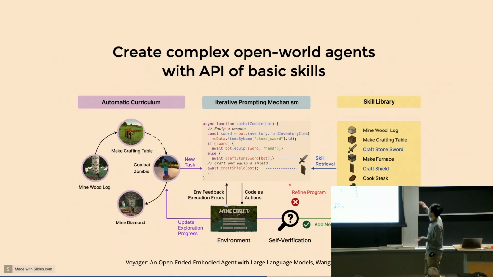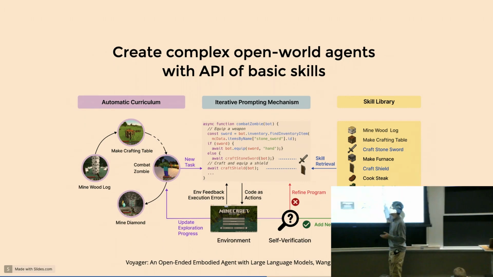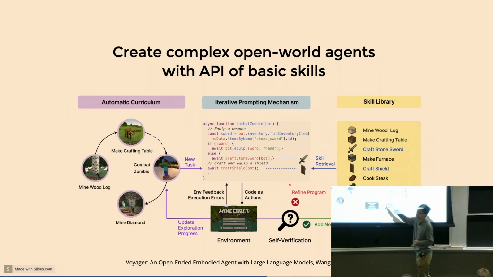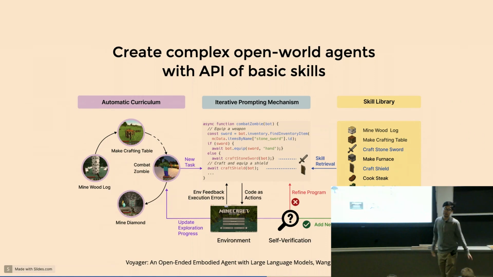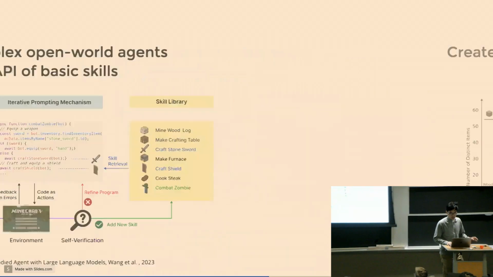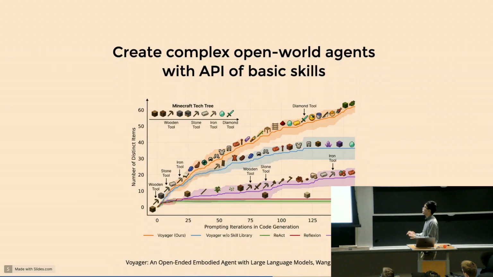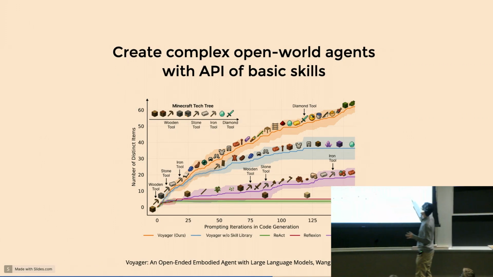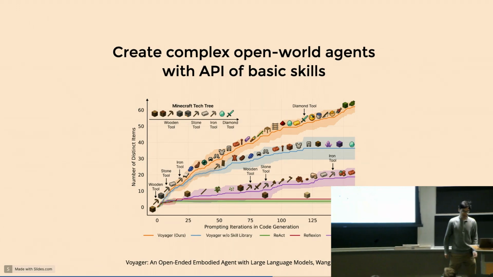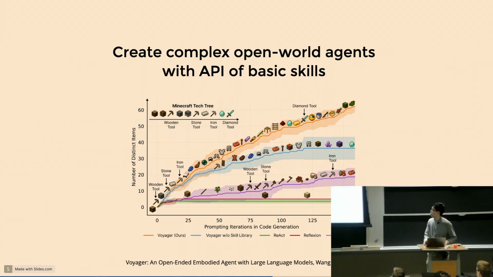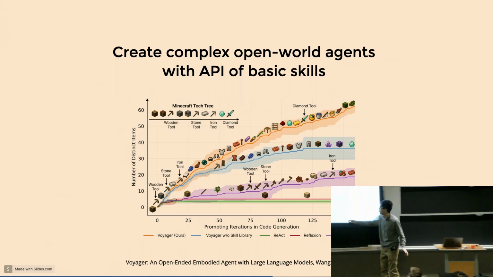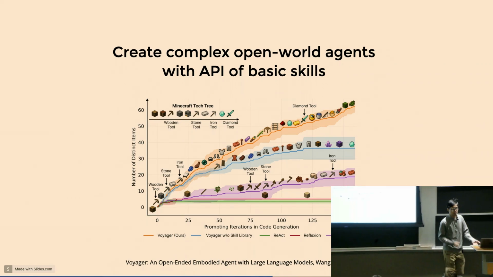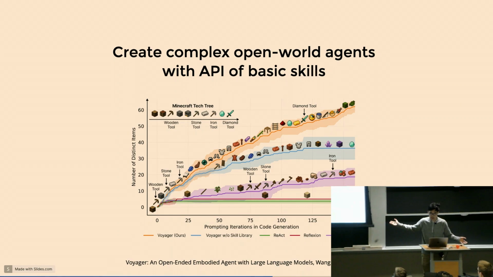If you give it a small set of skills, it will be able to synthesize programs for more complex skills, and you can add those more complicated skills to your skill library, and so on. As a result, you will be able to create a really fancy, intelligent Minecraft agent that is able to acquire a lot of tools and a lot of resources. Yeah, there has been a lot of breakthrough. If you're interested, you can feel free to read this paper as well as the dataset used, which is MineDojo.